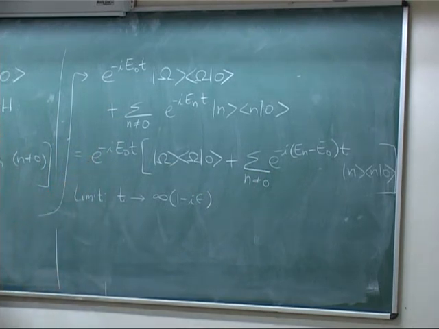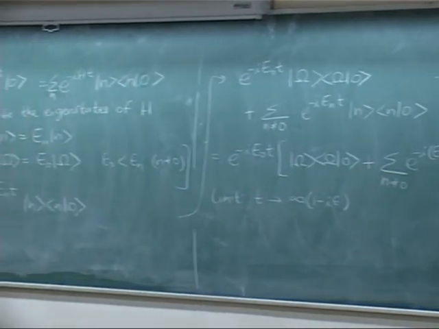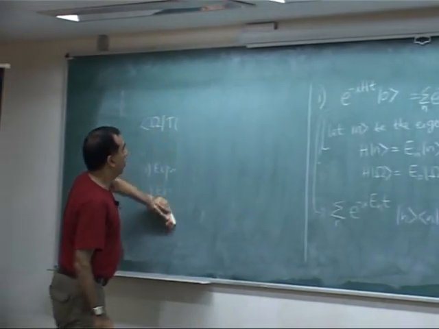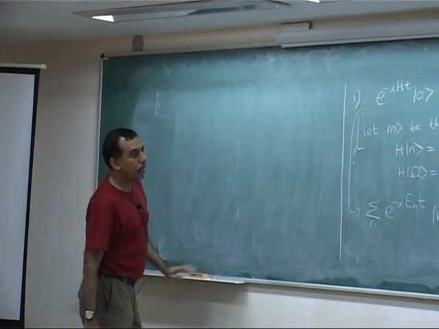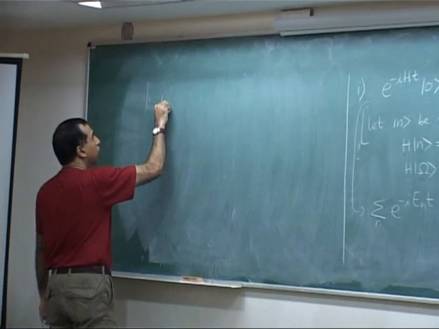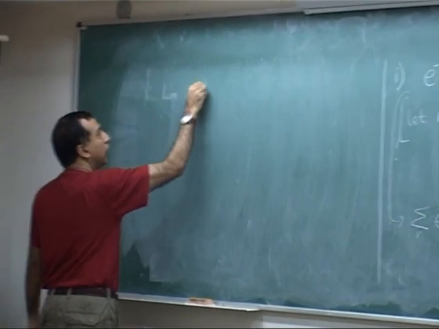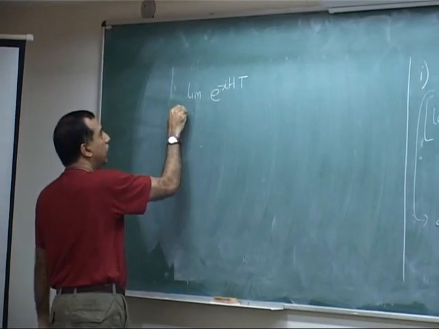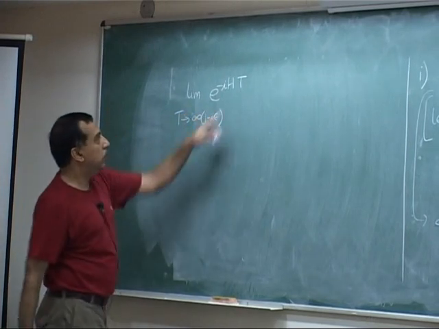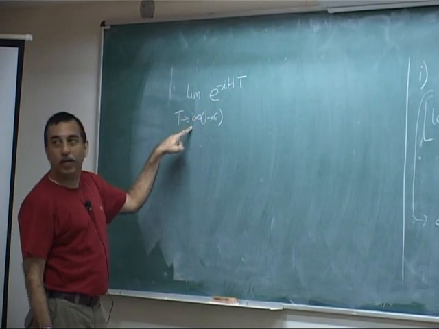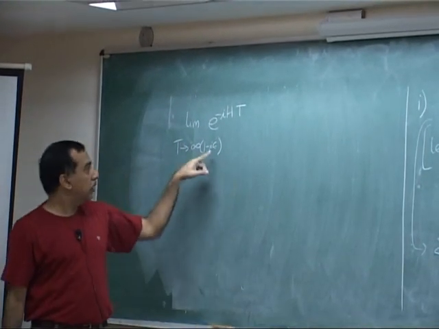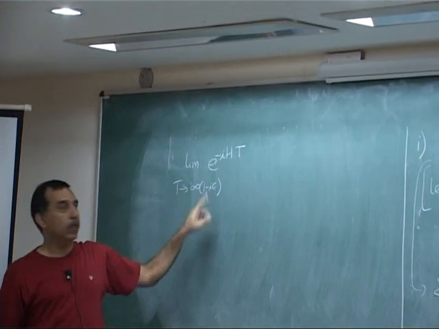So therefore we learn that this left side, let me call it now capital T, T goes to infinity times (1 minus i epsilon). The advantage of calling it capital T is that even if I forget to write the limit, you are supposed to think that it's a very, very large time with a small minus i epsilon in it.